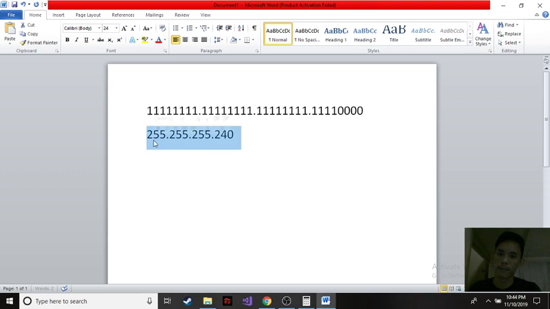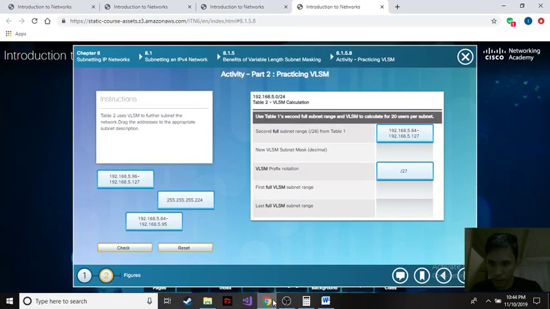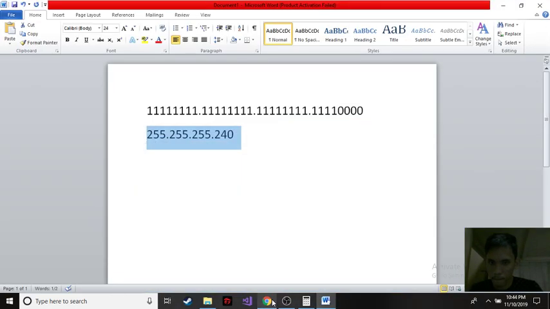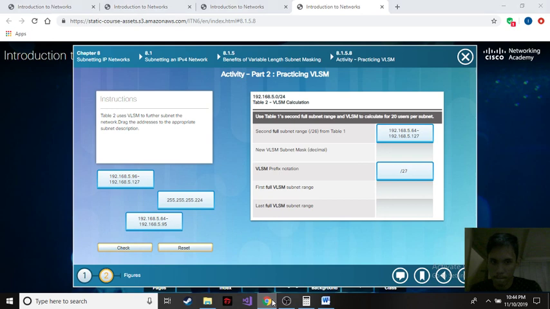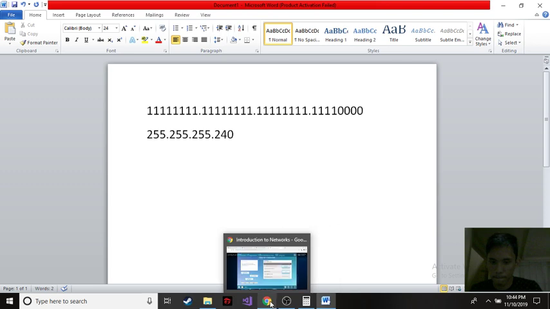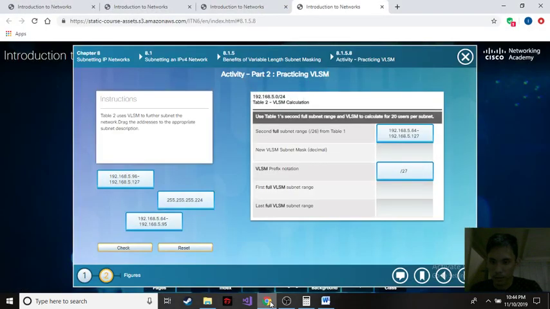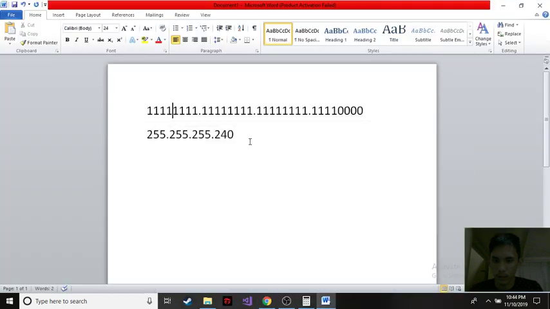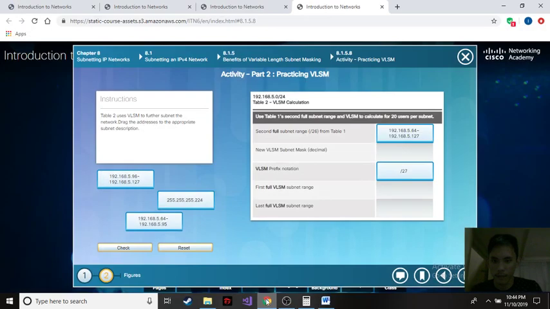So the decimal subnet mask would be 255.255.255.224, and this will be the answer.